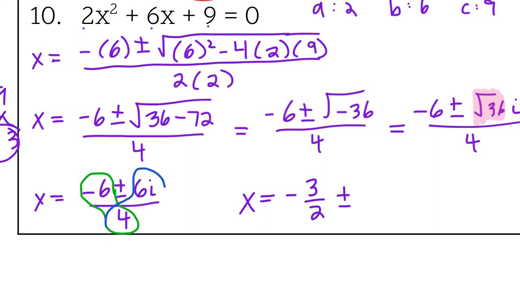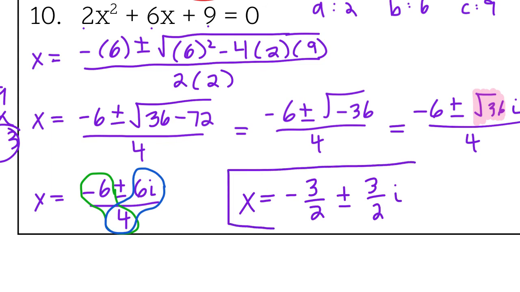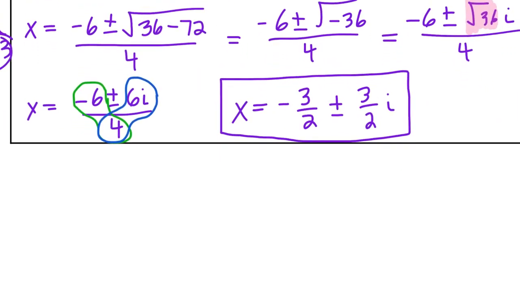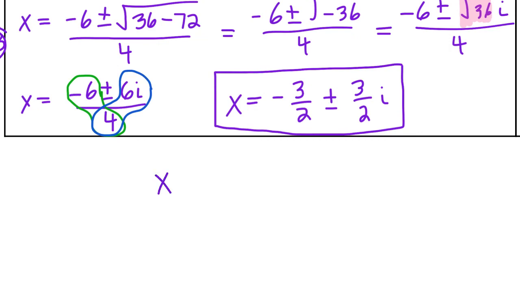Then this part is its own fraction. And same thing, I have 6 over 4, which I know can simplify to 3 over 2. But it still has an i with it. That's my answer. So you might see it like this, where it's still together, or you might see it where they separate it.